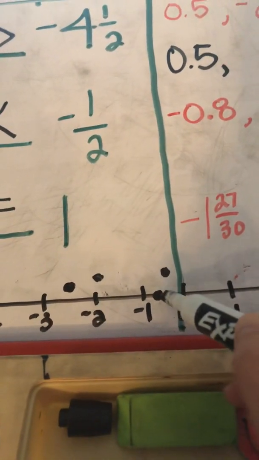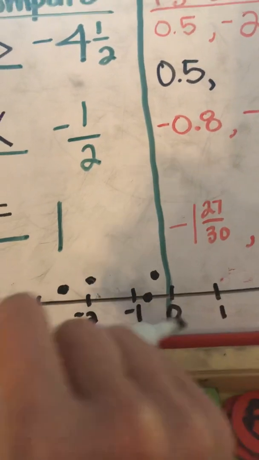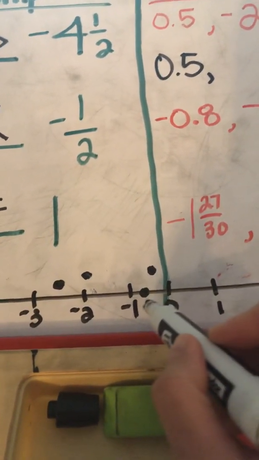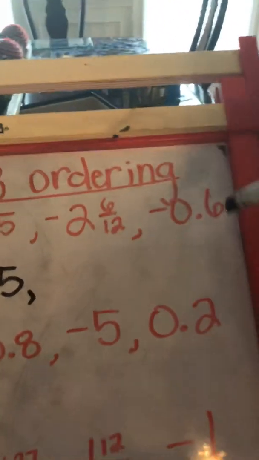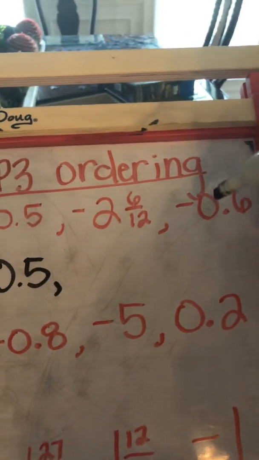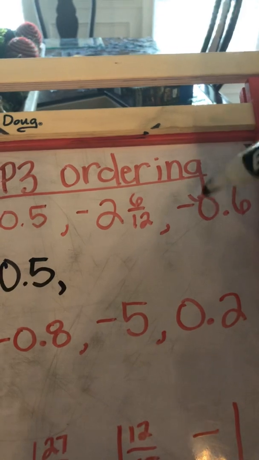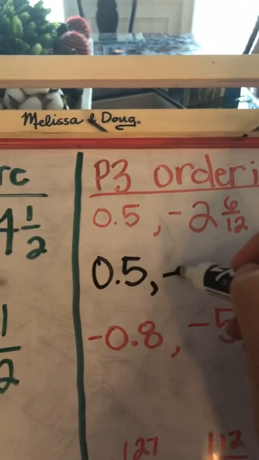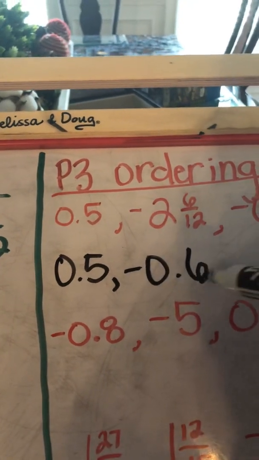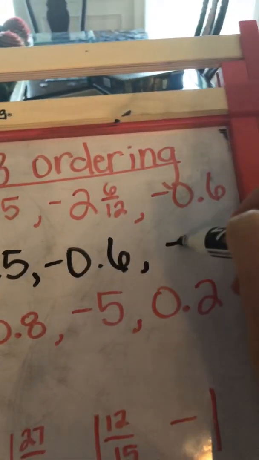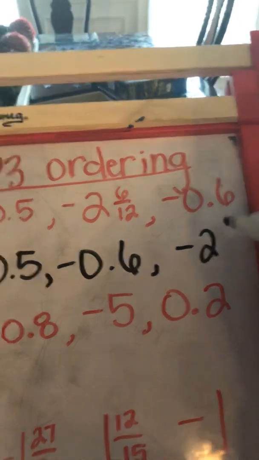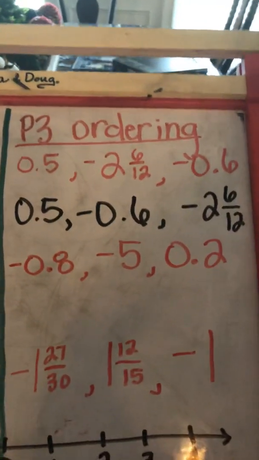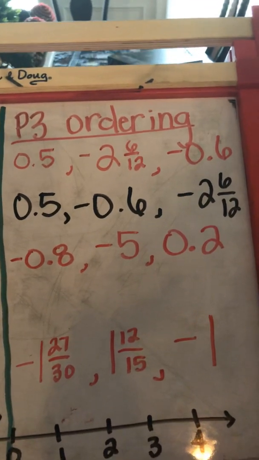So the one that's furthest to the right on the number line is the greatest one, and that would be my negative 0.6, right? Because this is closer to 0 in the negatives than this. So this is greater, and then my least value in this case is this. So I have them ordered from greatest to least.